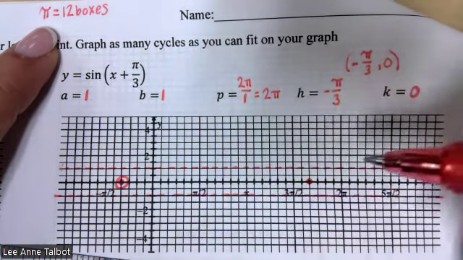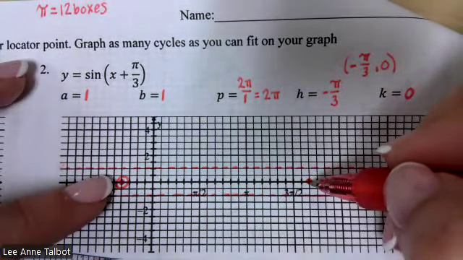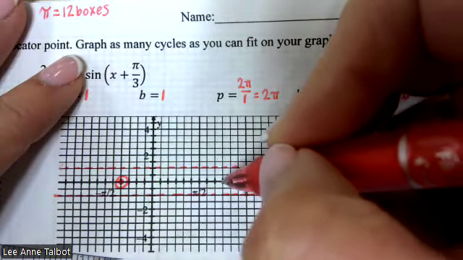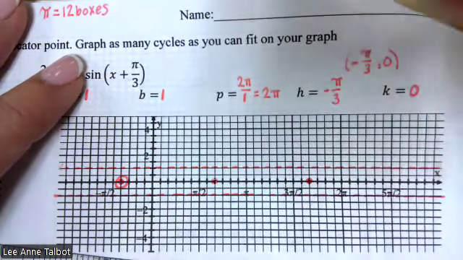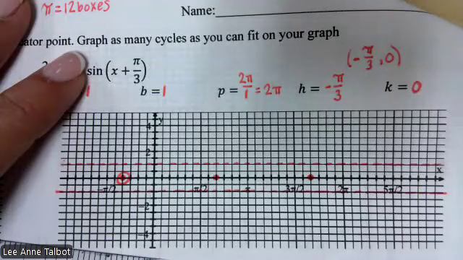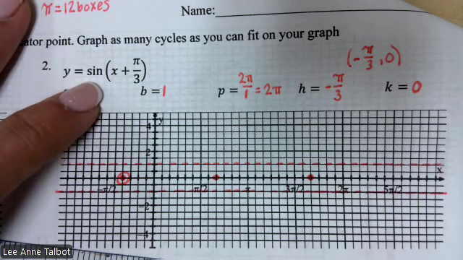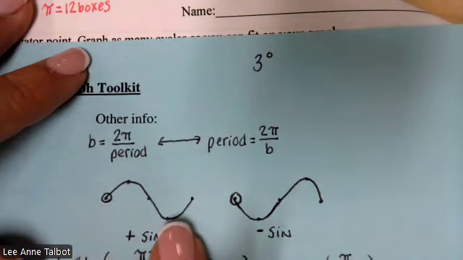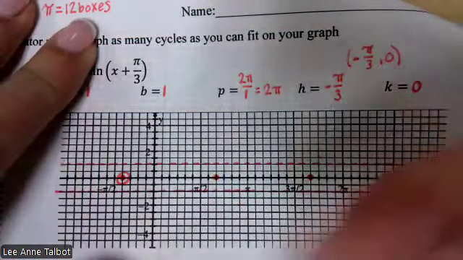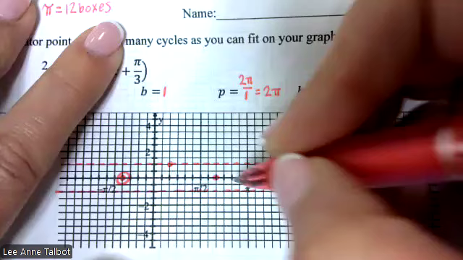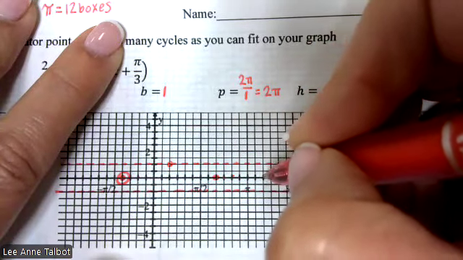Okay, and if this is 24, then the middle should be at 12. Or I could go to pi and go back 4 boxes, I suppose, if I want to do the Sean Sauter method. Do you guys know what positive sine looks like? Looks like this. One, two, three, four, five, six.